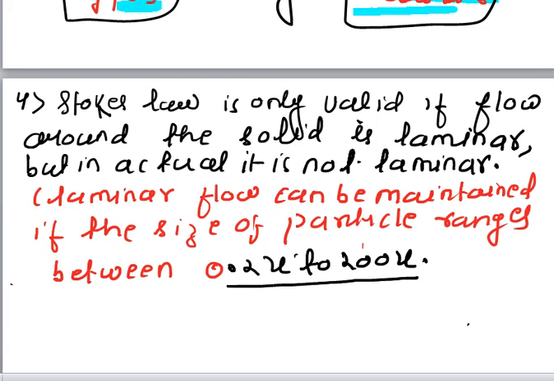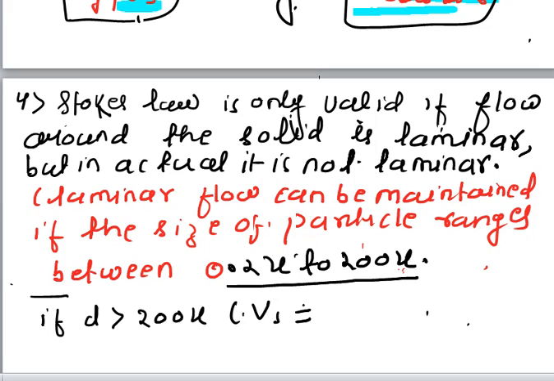So what happens if this particle size is not maintained? If D is greater than 200 micron, Vs does not remain constant, there is an acceleration due to gravity, and we do not get a settling velocity, hence Stokes law is not applicable.